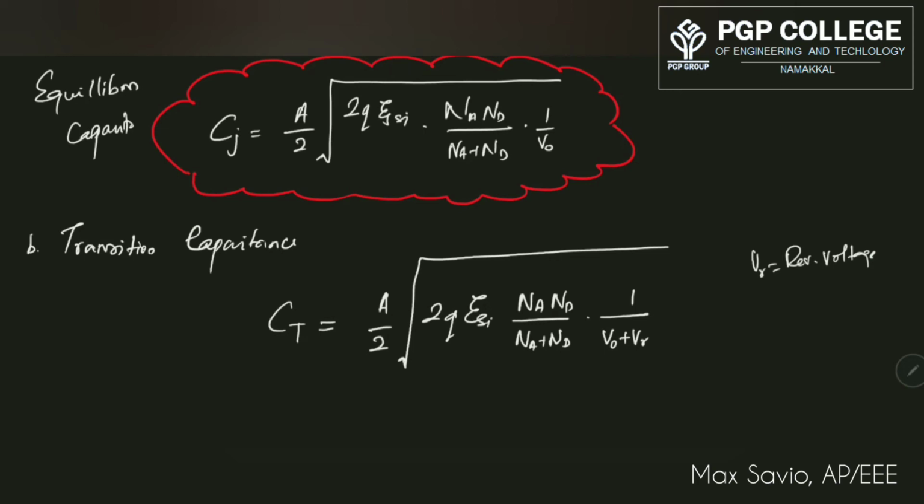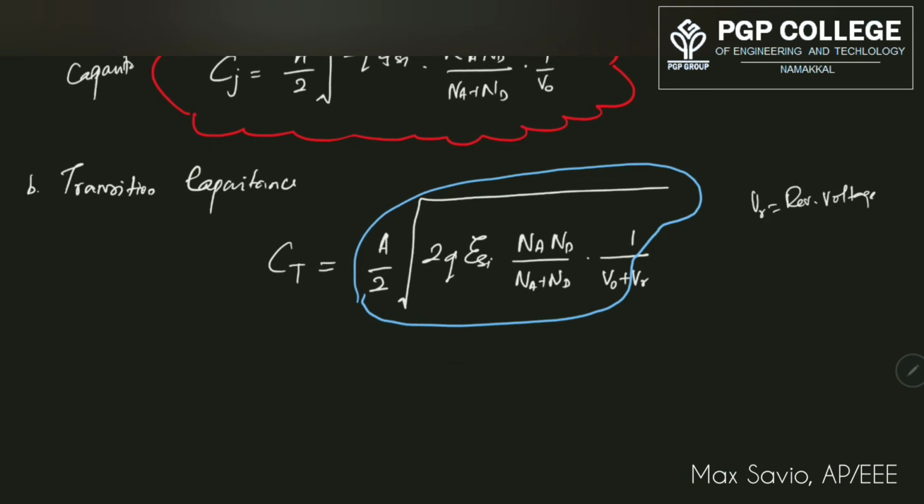So this is the expression, and from this expression it is very clear, I'll show you these values: except this V naught, this is nothing but your Cj. Let me take in that expression.